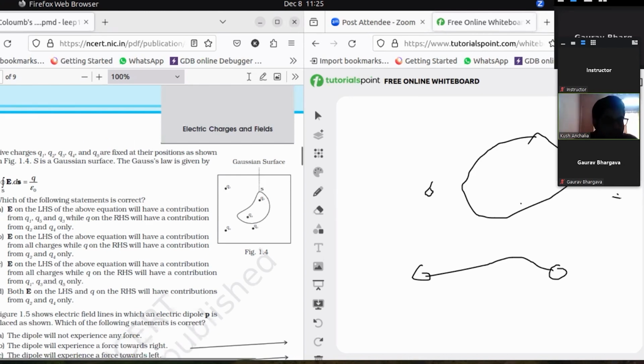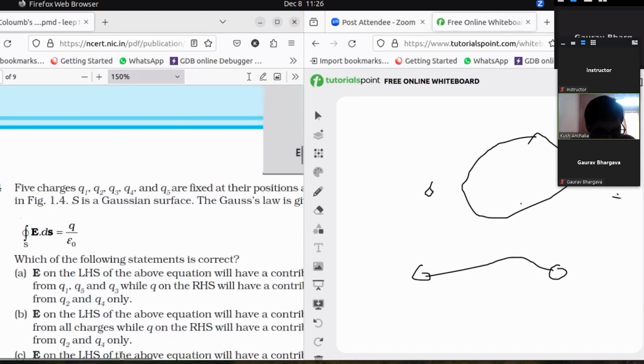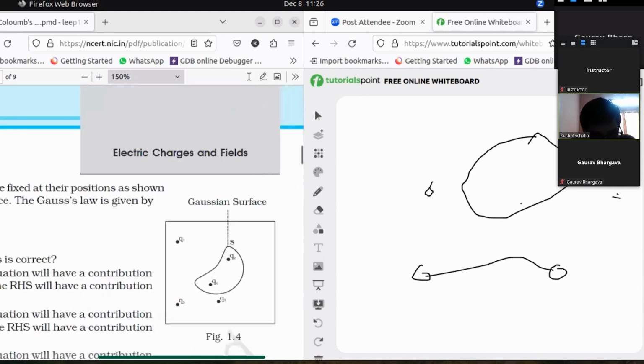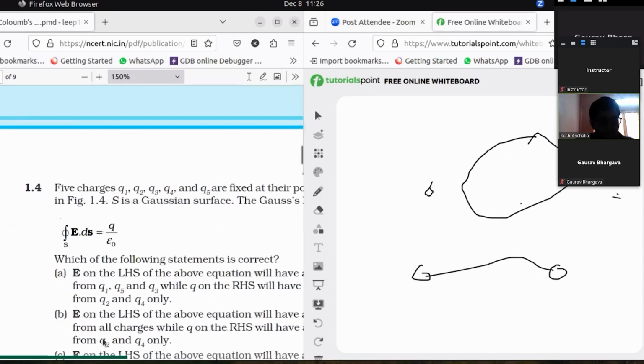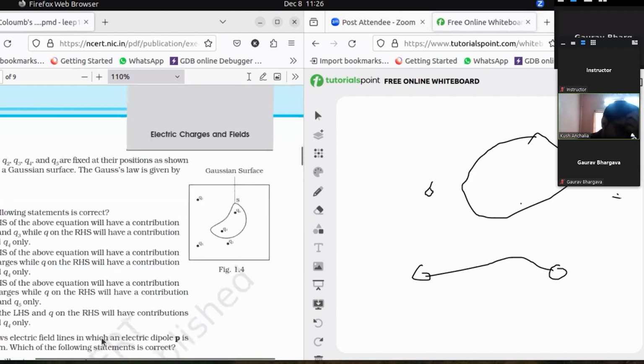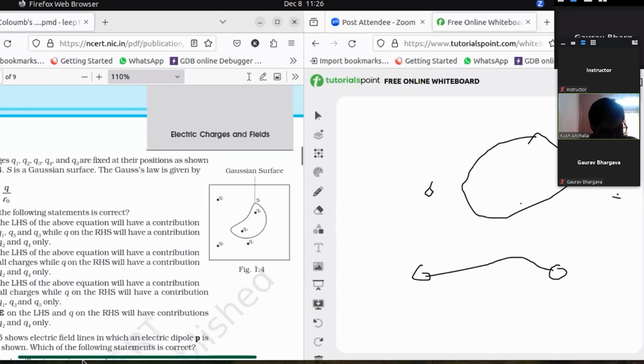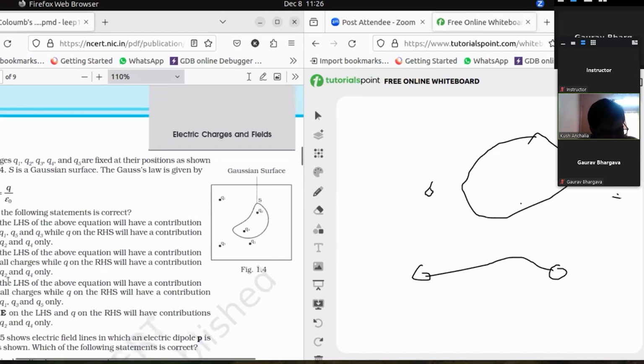Which of the following statements is correct? E on the LHS of the above will have a contribution from... Q enclosed is what? If we zoom out, only Q2 and Q4 are inside. Only Q2 and Q4 will be contributing, and the rest won't.